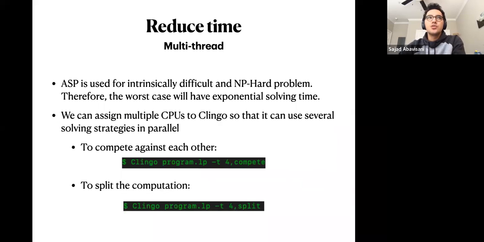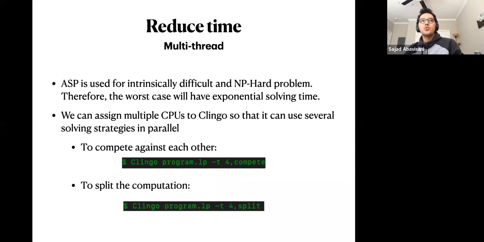Another way to reduce time is to use multiple threads. So basically, answer set programming is used when we have intrinsically difficult problems that are NP-hard. In the worst case scenarios, solving takes exponential time, and we don't want to wait that long.